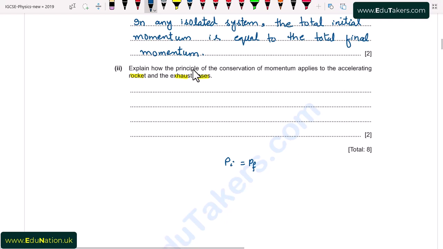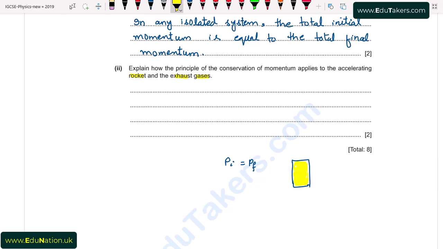If I consider a rocket, we know that the rocket moves by burning fuel through the engine, and these gases are exhausted from the back of this engine. So when the rocket accelerates upward, it means that more gases are exhausted from the backward of this rocket.